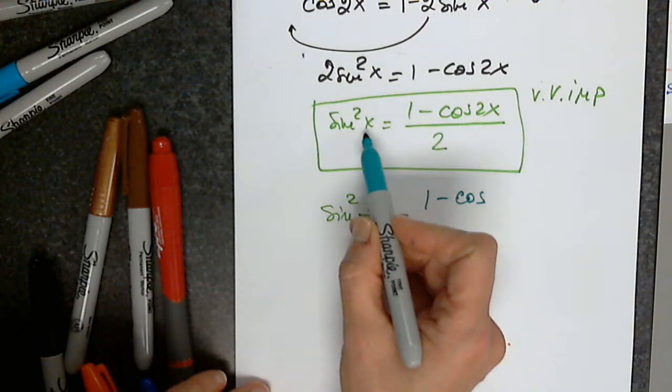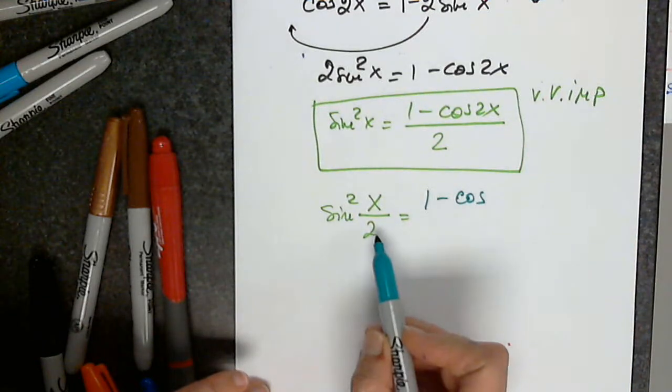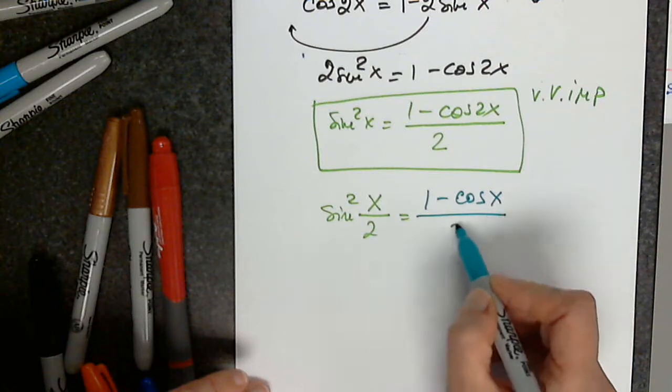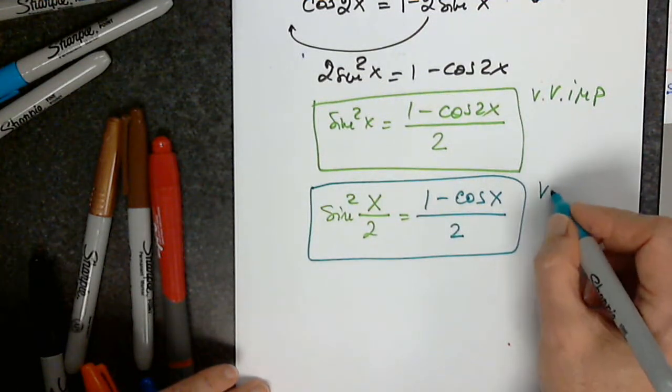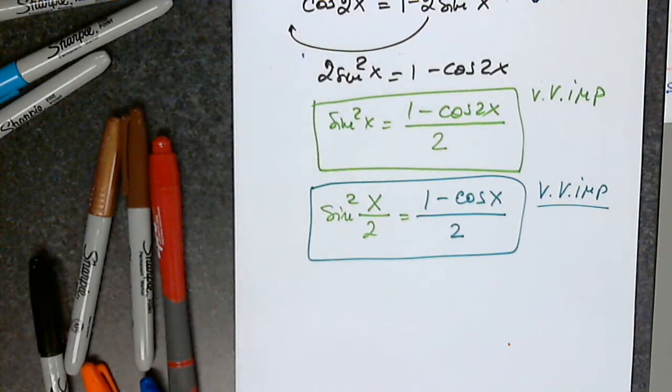So when this is x, this is twice as much. When this is x over 2, this must be twice as much. Exactly, divided by 2. This is the half angle formula. Very, very important. This is the half angle formula for sine.